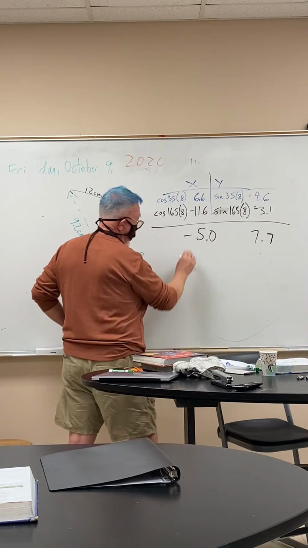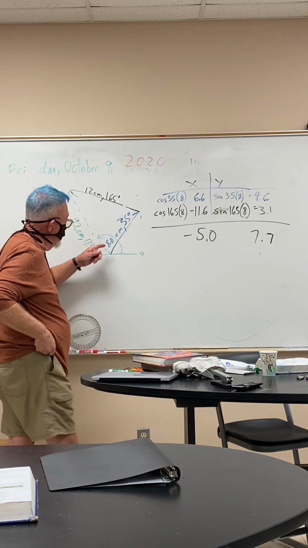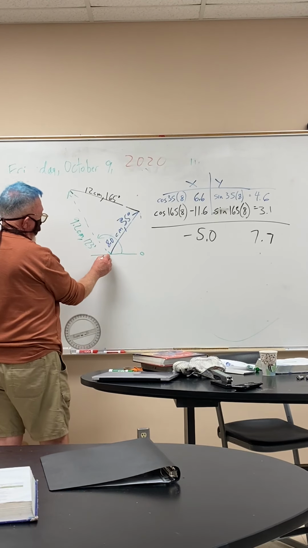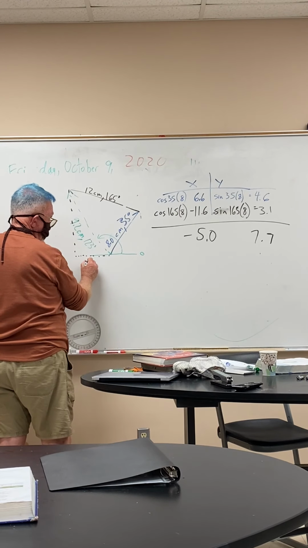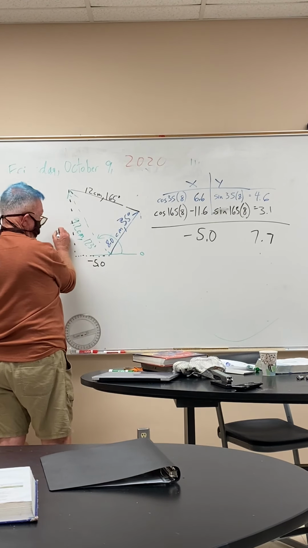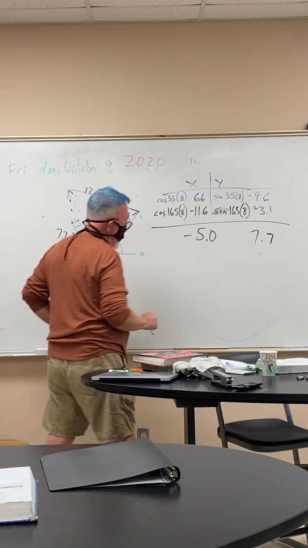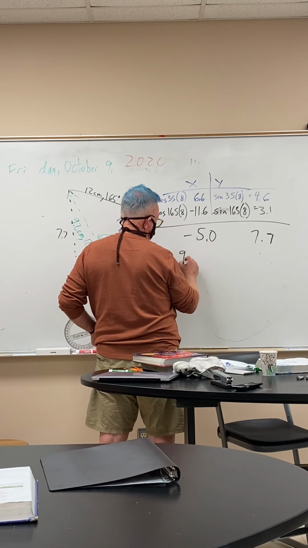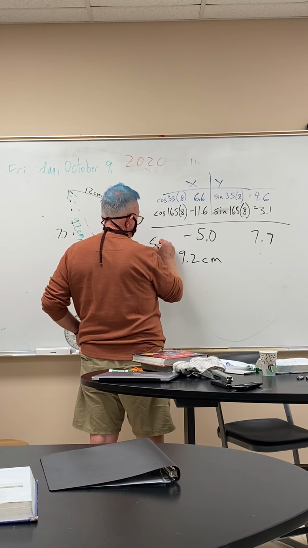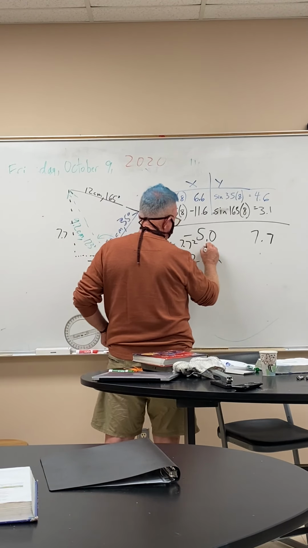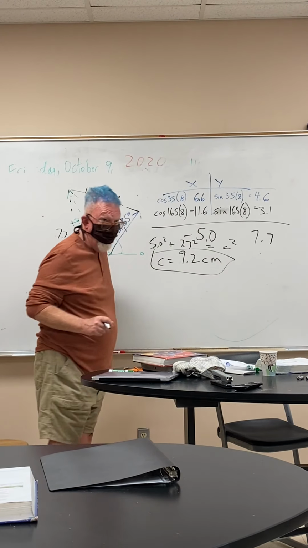That's A and that's B. So we can use Pythagoras: a squared plus b squared equals c squared, which is 5.0 squared plus 7.7 squared equals c squared, and c equals 9.2 centimeters.